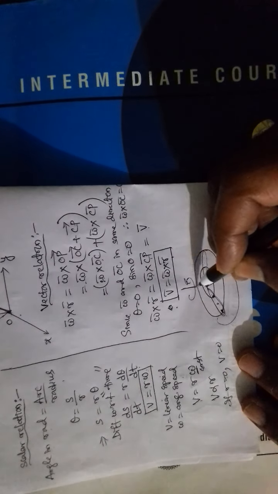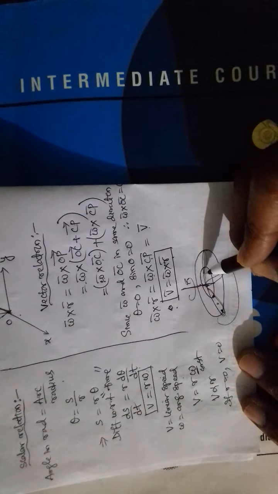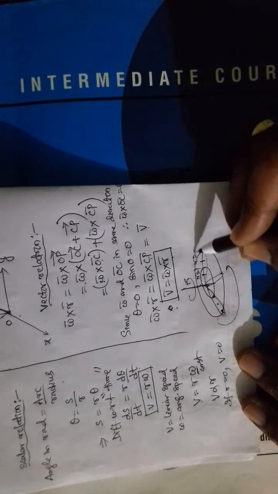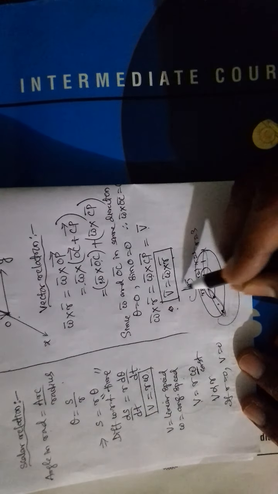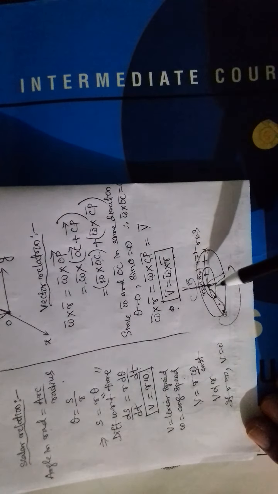It means r equal to 0 is on the axis of rotation. r is equal to 1 meter, r is equal to 2 meters, r is equal to 3 meters. Here r is equal to 0 meter, on the axis of rotation. When you take r equal to 0, v becomes 0. So the axis of rotation is not moving, it is at rest.